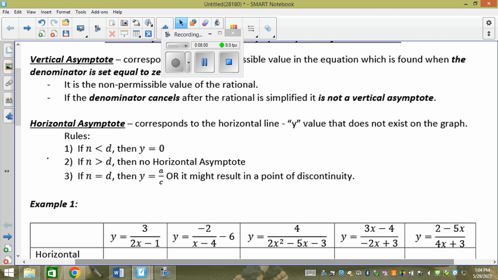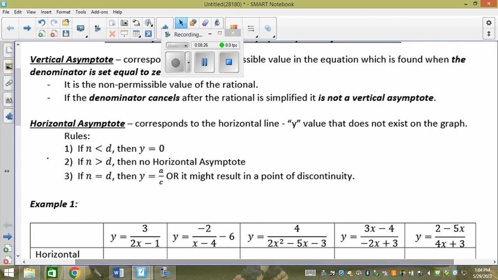Other than that, we were given a fraction with a quarter, 3 quarters, 1/7. None of those have non-permissible values because there's no variable in the denominator. What's our rule? Our rule is that we can't divide by 0. So our denominator cannot be 0. If we get a variable in our denominator, we have to say what those x values can't be, because if we have them, it would make our denominator equal 0, which is a problem.